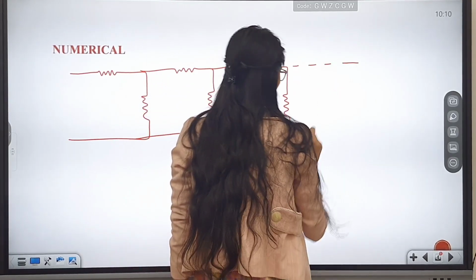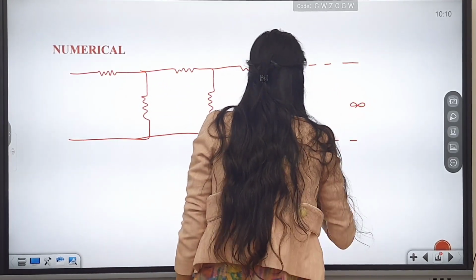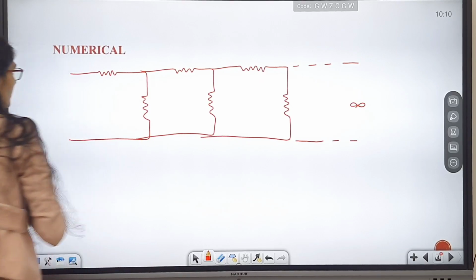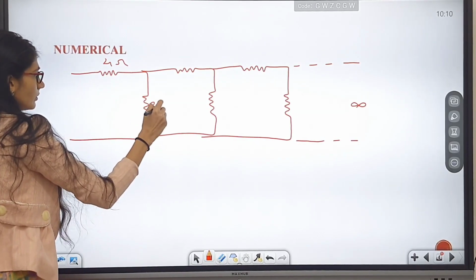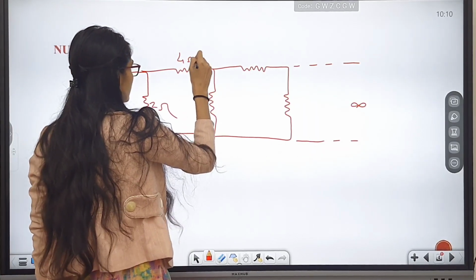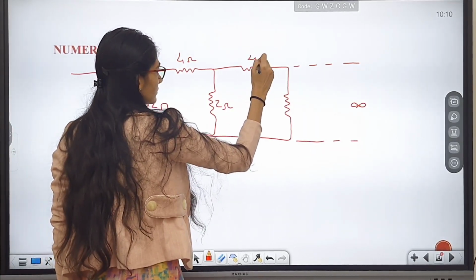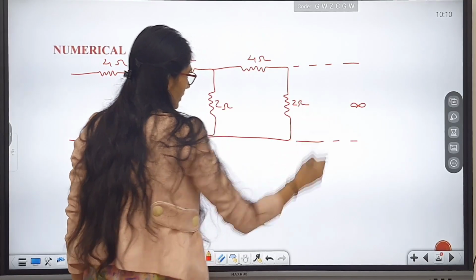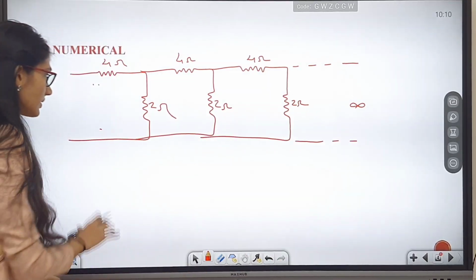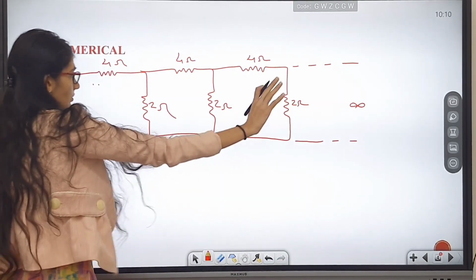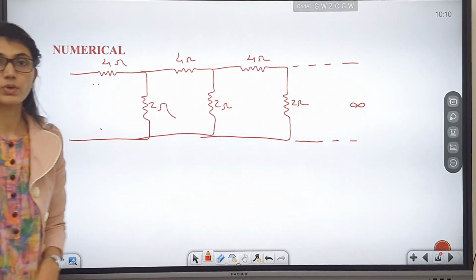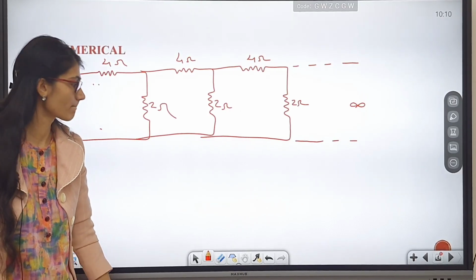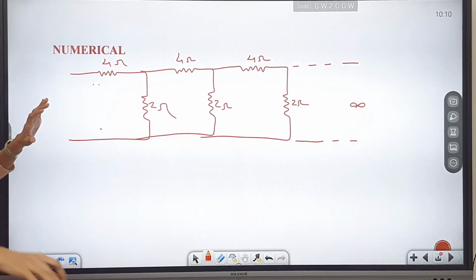So say this is 4 ohm, this is 2 ohm, 4 ohm, 2 ohm, and so on. So you have a series, and the same pattern follows an infinite number of times. So to solve such kinds of questions, what will you do?